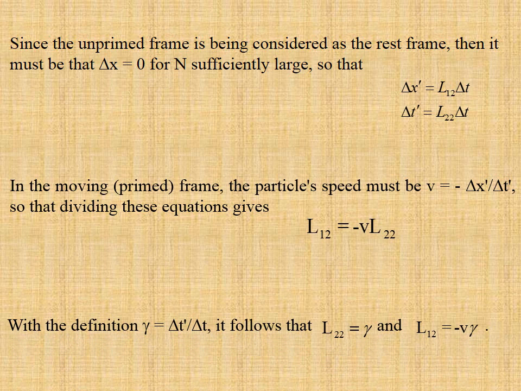With gamma defined to be the ratio of delta t prime to delta t, which you will need to remember for later, it follows that L22 equals gamma from the equation delta t prime equals L22 delta t. Also, L12 is minus v gamma.